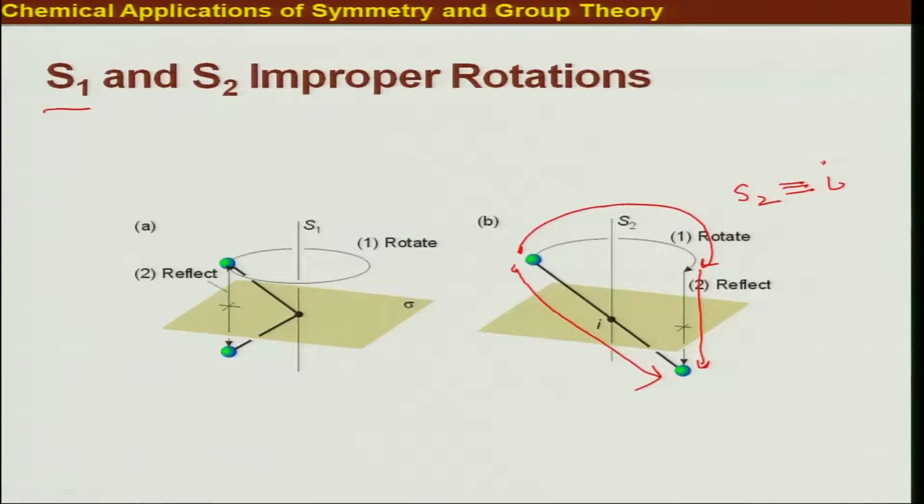Okay, so you can go to a higher one like S3. That will have a C3 followed by a sigma perpendicular. S4, as we showed with this methane molecule, will have C4 followed by sigma perpendicular, and so on. So you can try to look at different molecular models and find out what the different symmetry elements are.